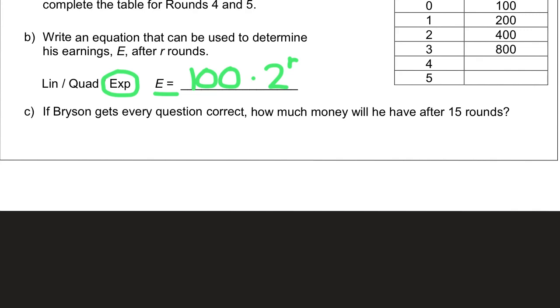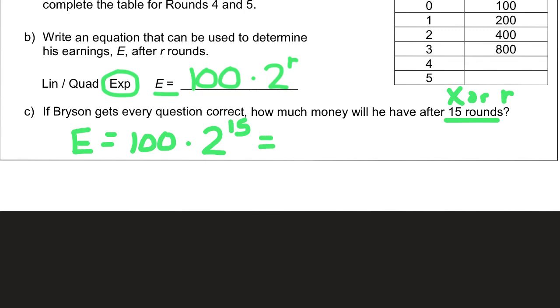If Bryson gets every question correct, how much money will he have after 15 rounds? Well, the 15 is the x or the r value. So we simply input the 15 into our r value, and then we find that he would be a millionaire.